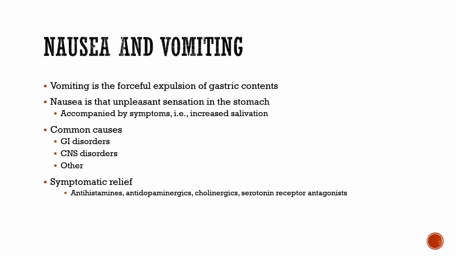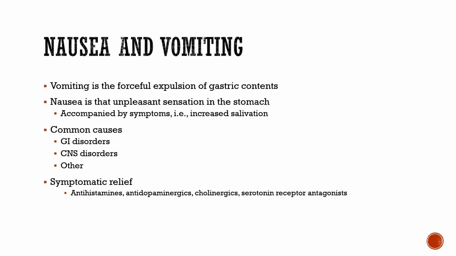The most common cause of nausea and vomiting is gastroenteritis. There are other causes to think about. Central nervous system disorders, I think of migraines. Other disorders such as motion sickness. Medications can cause nausea and vomiting: digitalis, estrogen, opiates, and of course pregnancy causes nausea and vomiting.